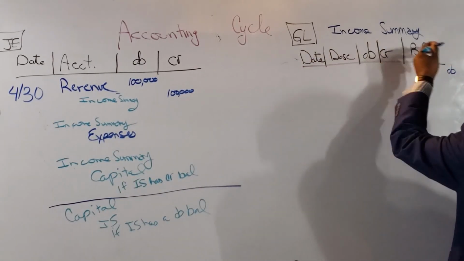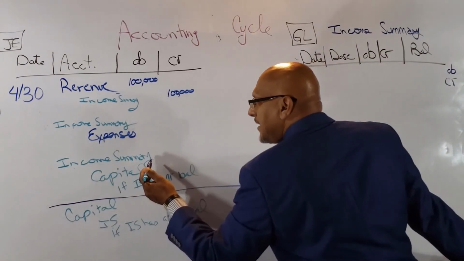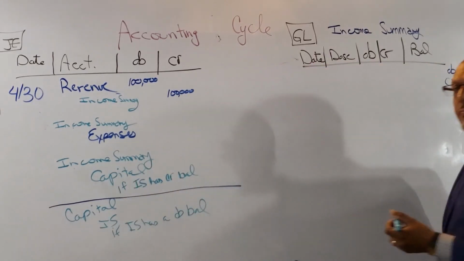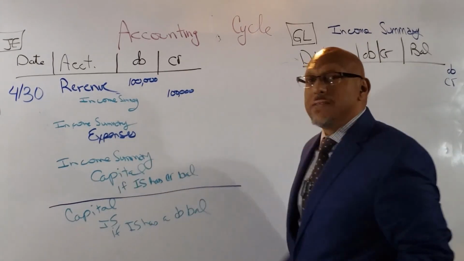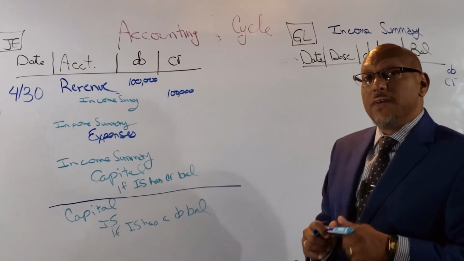If the income summary has a credit balance, then we would debit the income summary to make this 0 and credit capital. These are two separate situations that you will run into because of the closing.